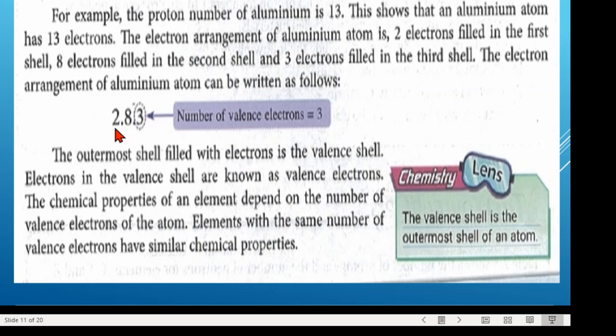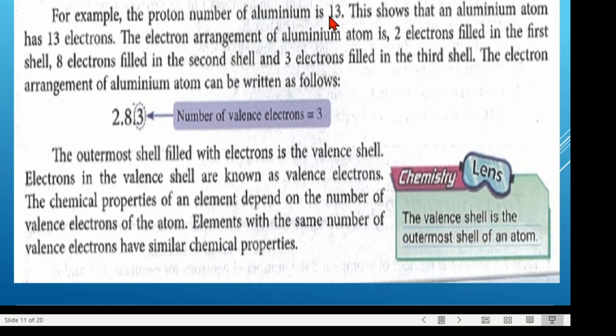2.8.3. Ini kita panggil sebagai electron arrangement ataupun electron configuration. Okay, so ini kita anggap shell pertama, ini shell kedua, ini shell ketiga. So shell pertama ingat hanya boleh isi 2 elektron. Shell kedua 8 elektron, shell ketiga 8 elektron, right? So di sini aluminium dia 13 proton number.